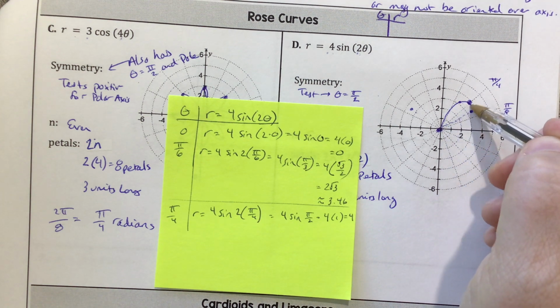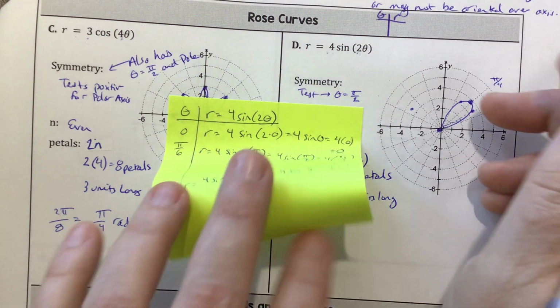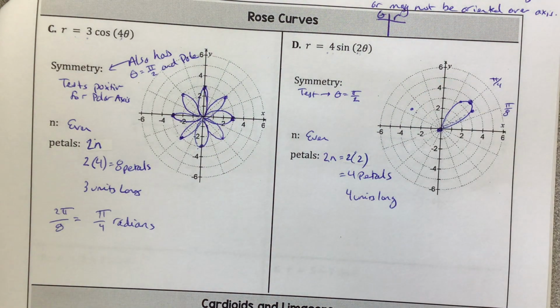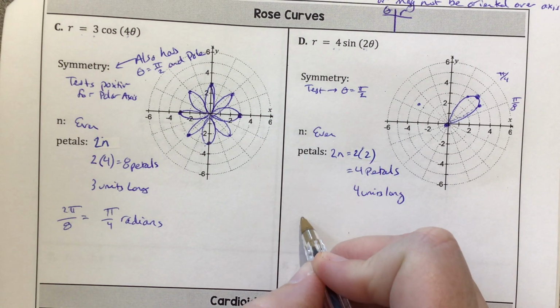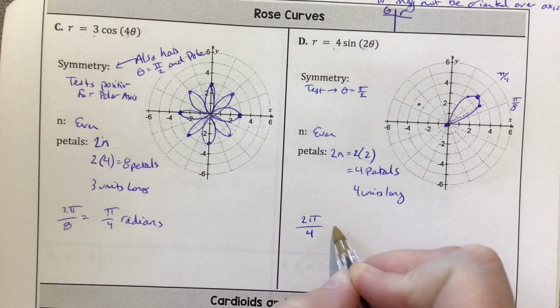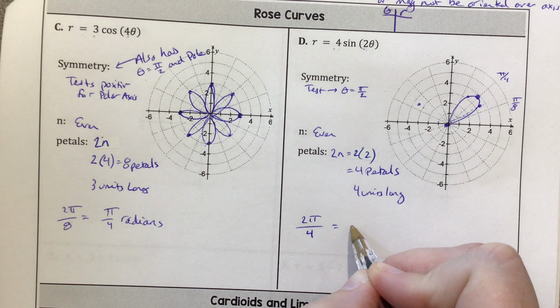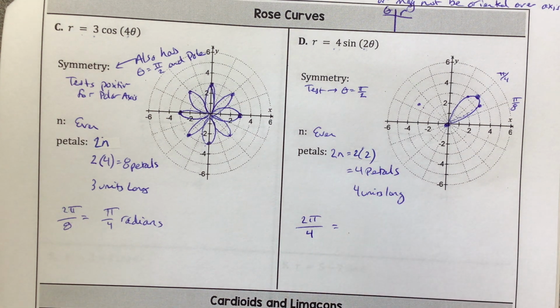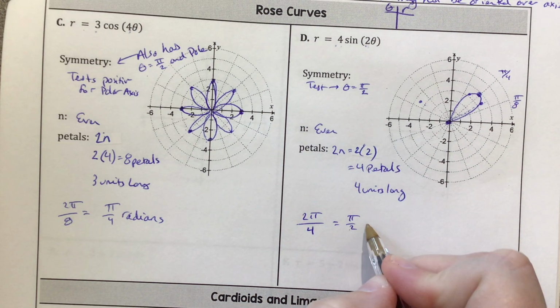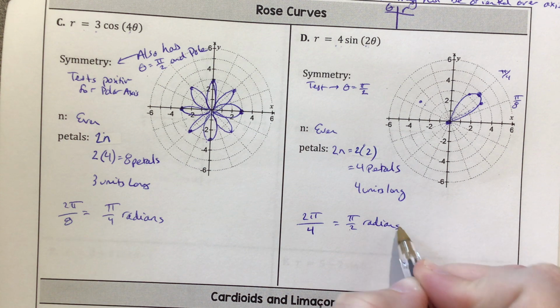Here is a petal. Now, if there are 4 petals spread evenly over 2 pi, then 2 pi is shared by 4 petals, so they are each pi over 2 radians apart.